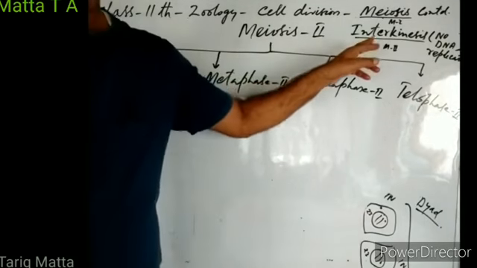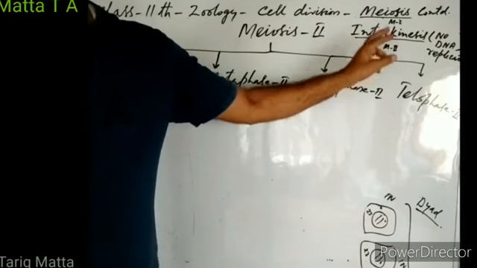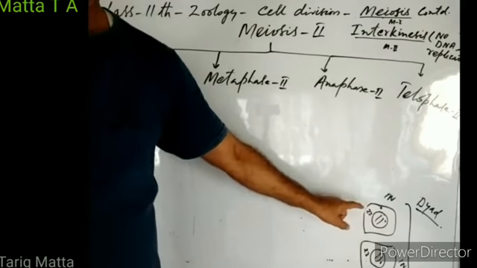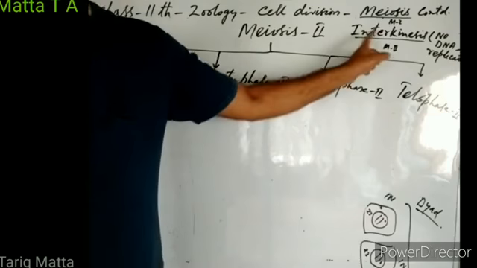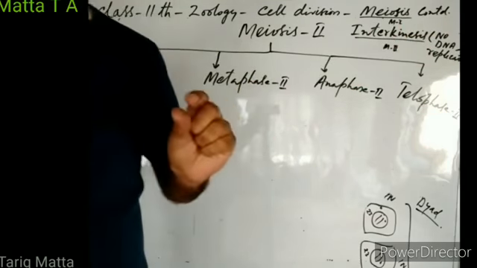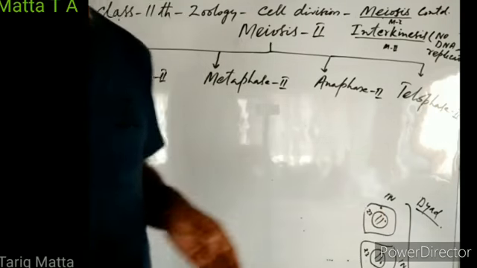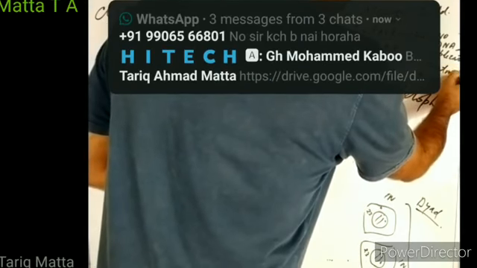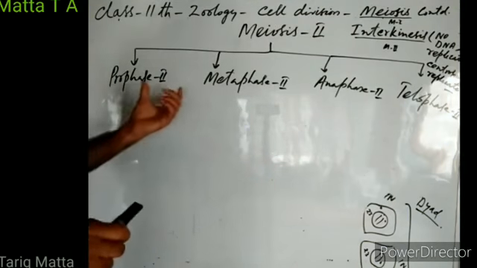So in interkinesis, the cell may take a brief rest, but there is no further replication of DNA, because each chromosome already has two sister chromatids, that is, double DNA content. However, the centrosomes replicate, so that they will form the spindle in meiosis second.